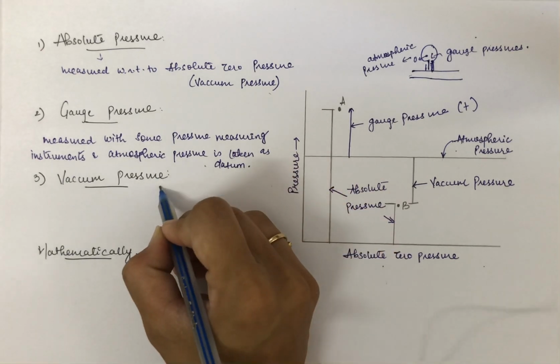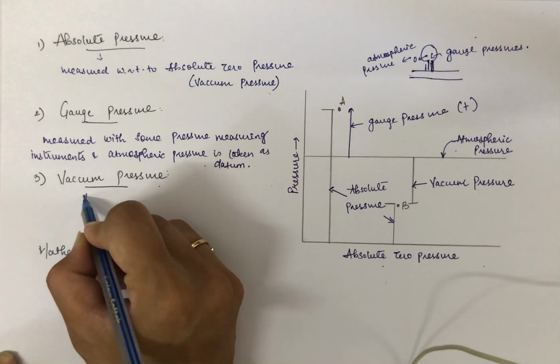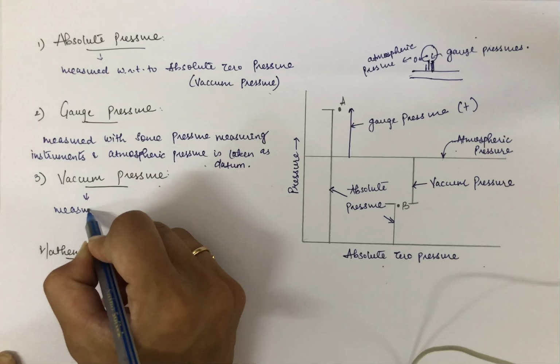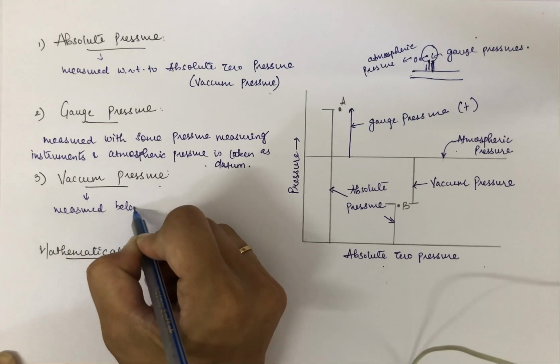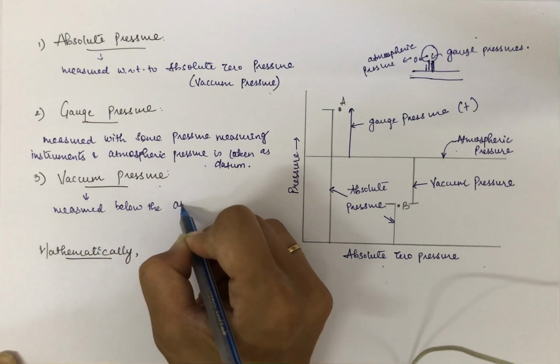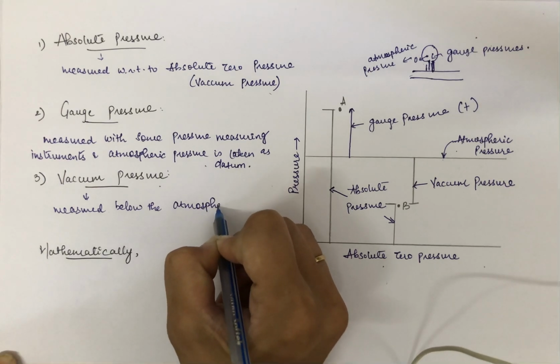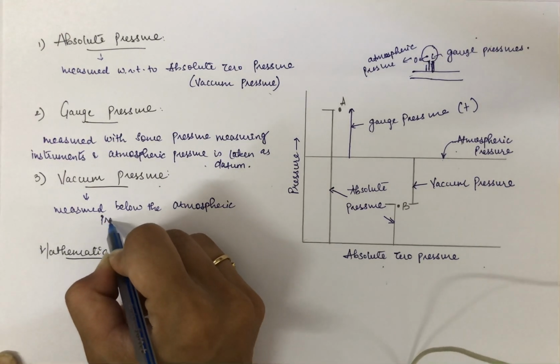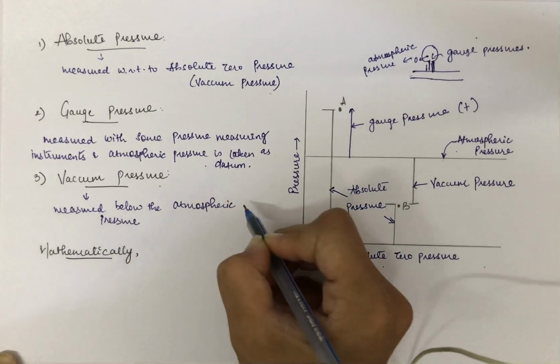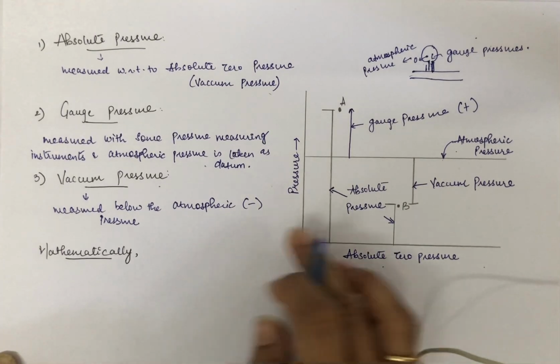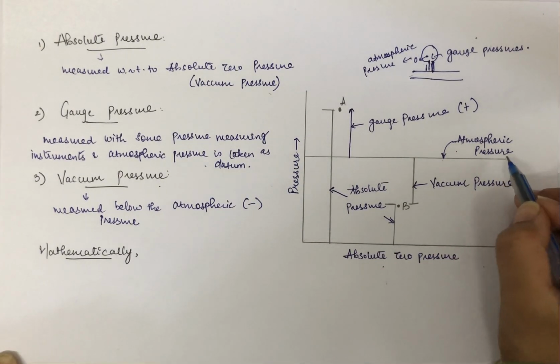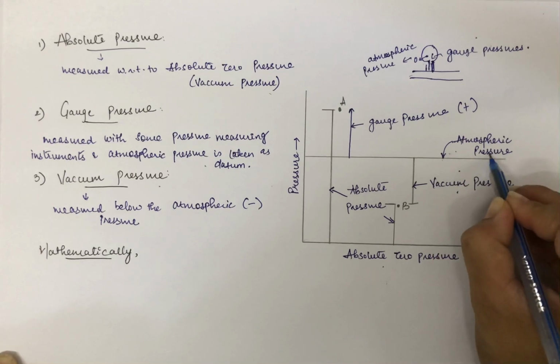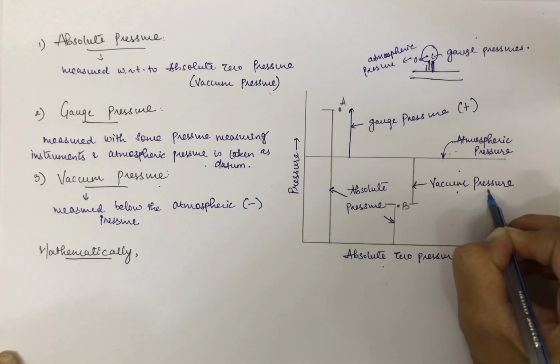The third pressure is the vacuum pressure, which is measured below the atmospheric pressure. Vacuum pressure is generally negative pressure, and as you can see in this figure, it is measured below the atmospheric pressure.